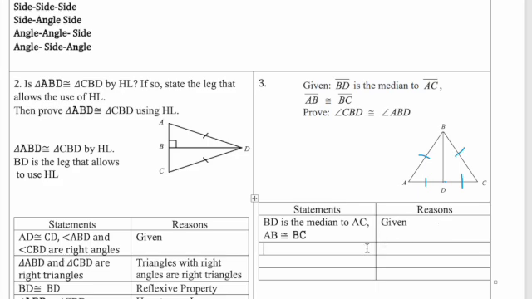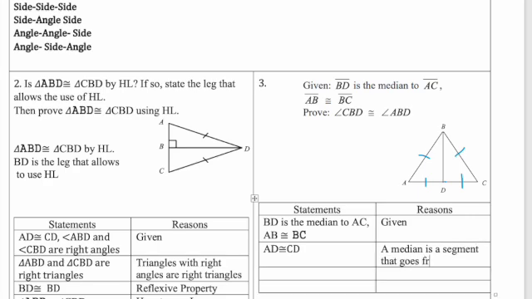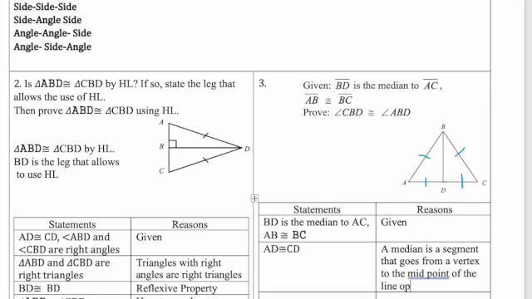Now we have, right, we know AD is congruent to CD because, right, a median is a segment that goes from a vertex to the midpoint of the line opposite to it.